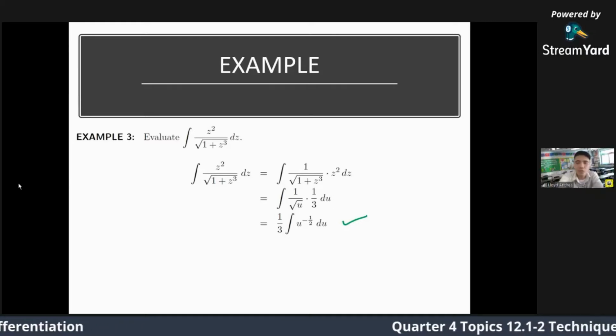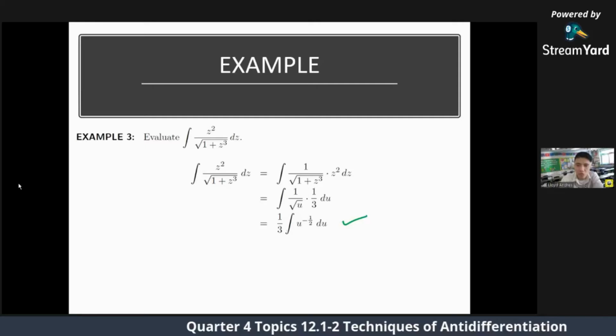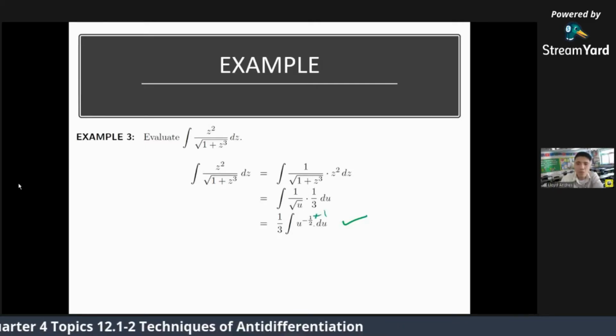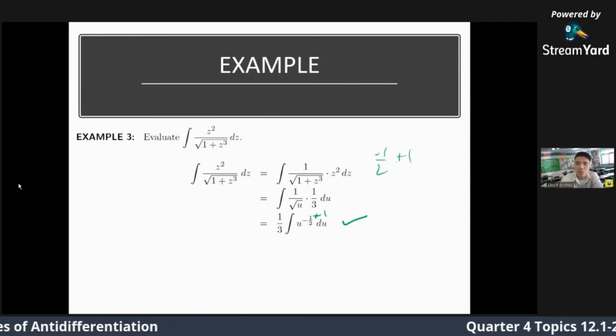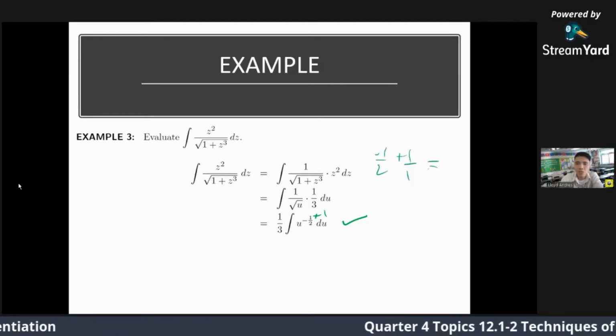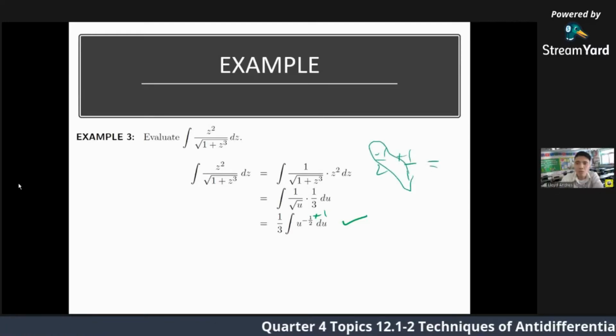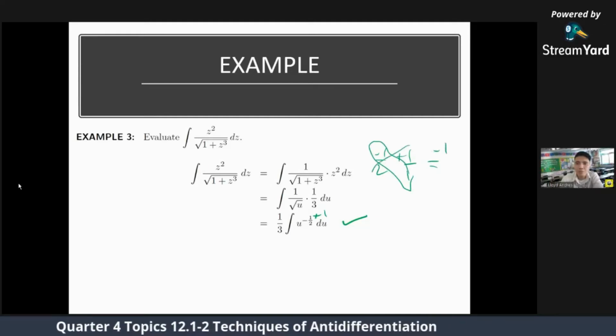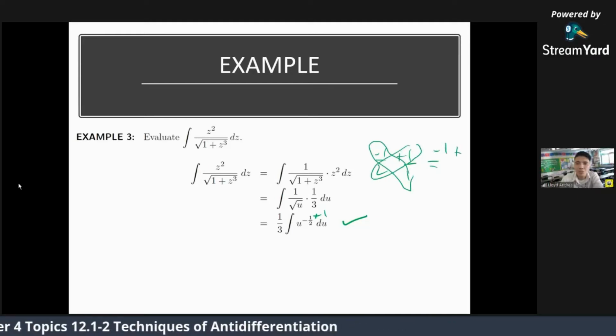So, integrating this one, applying the power rule sa integration, mag plus 1. Negative 1/2 plus 1. So, negative 1 times positive 1, it's negative 1 plus 2 over, sa baba is 2.